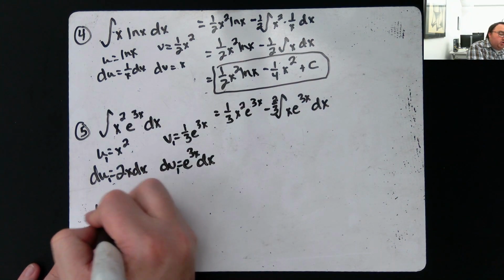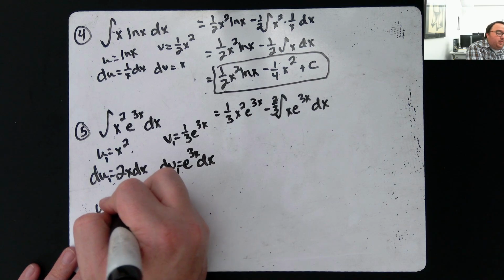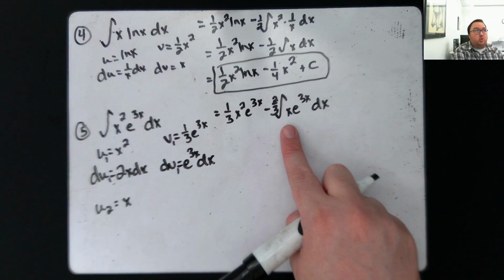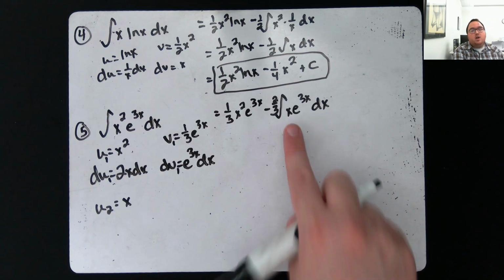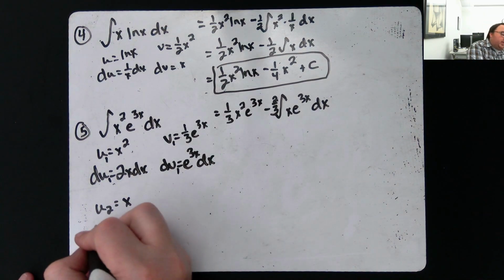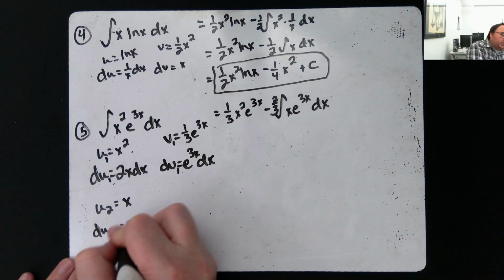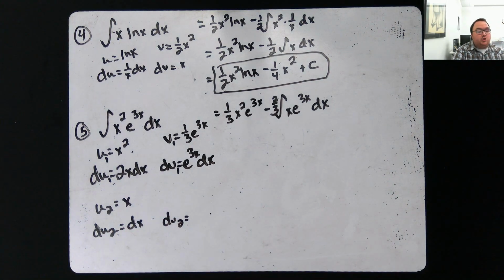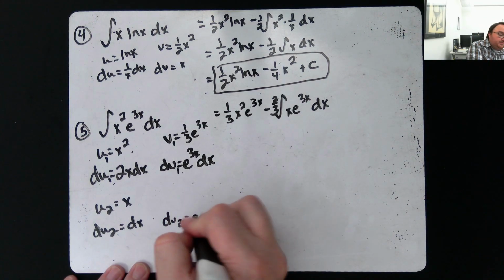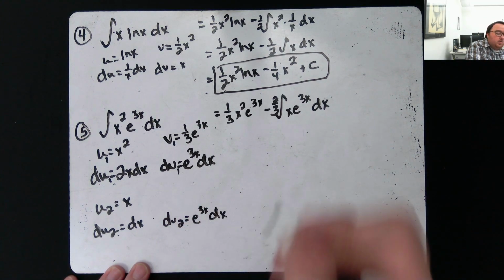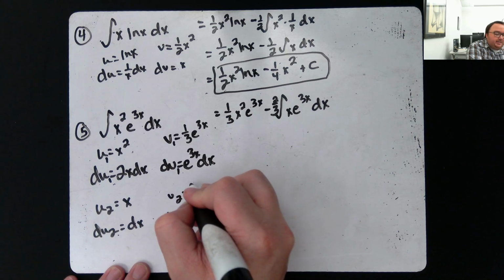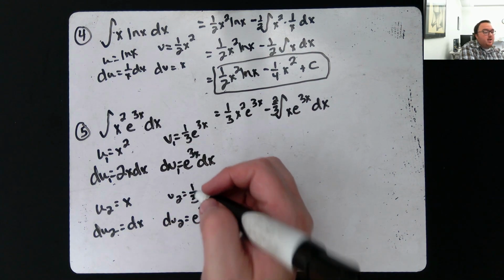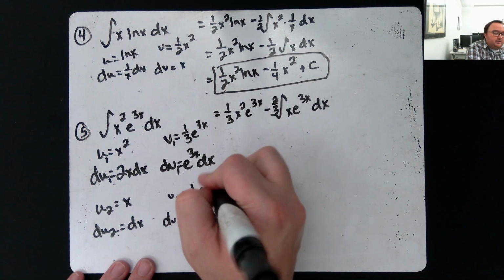So u2, once again, I'm going to let that be the x because when I take the derivative of that, it's just a 1, so there's no longer a product there. That's going to be 1 dx, which would make dv2 e to the 3x dx, which again would make v2, if you take the antiderivative of that, 1/3 e to the 3x.